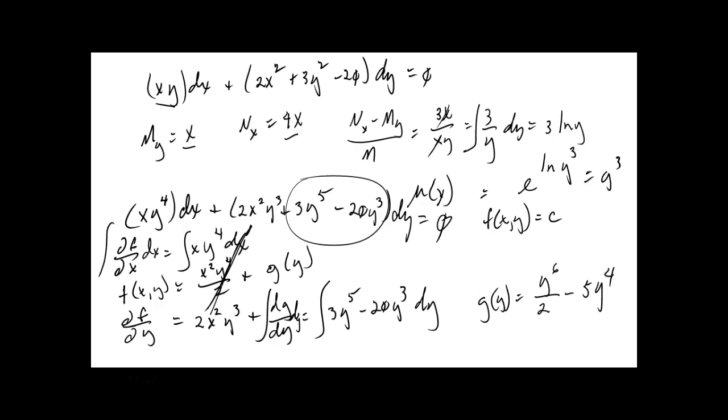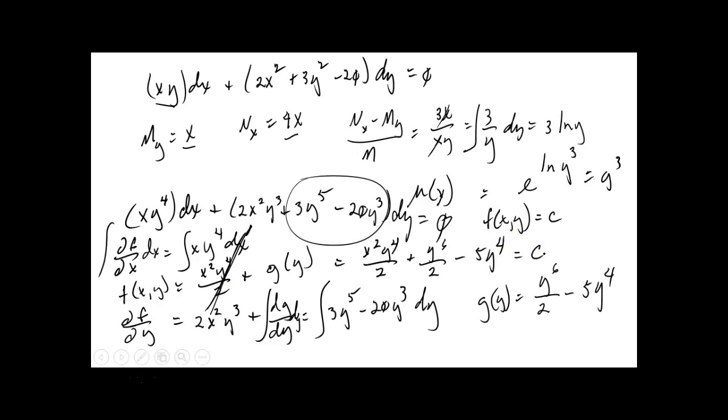That's fine. So up here, our f of x, y is now equal to x squared y to the 4th over 2 plus y to the 6th over 2 minus 5y to the 4th. That's the f, and that's equal to c.